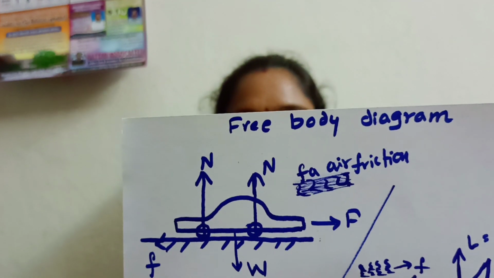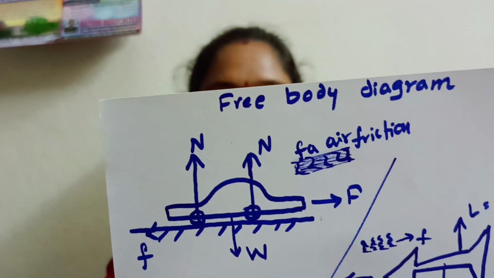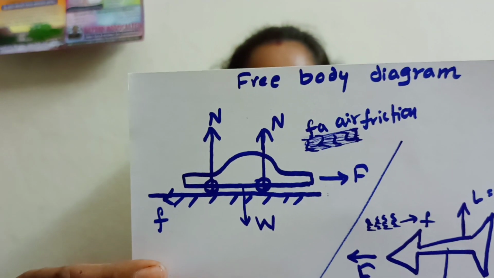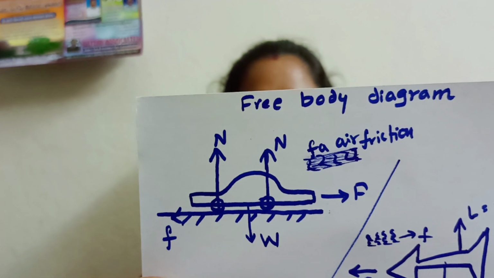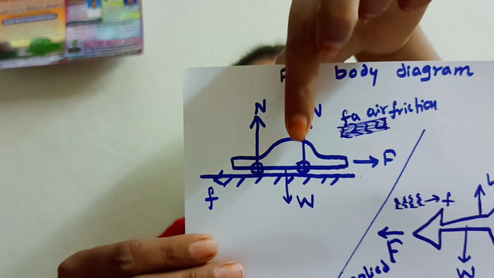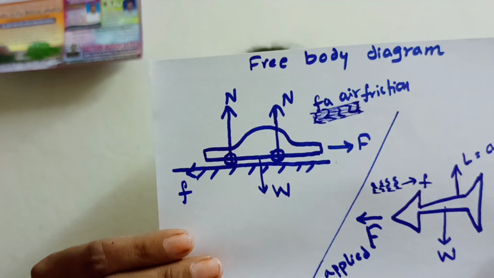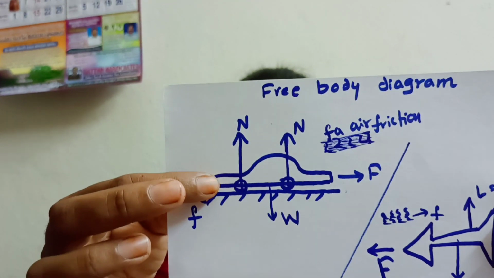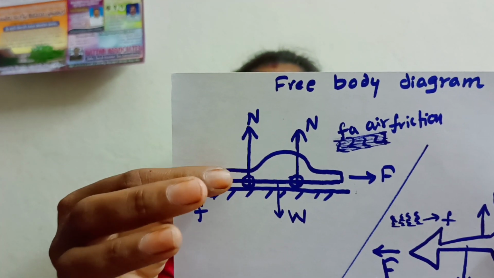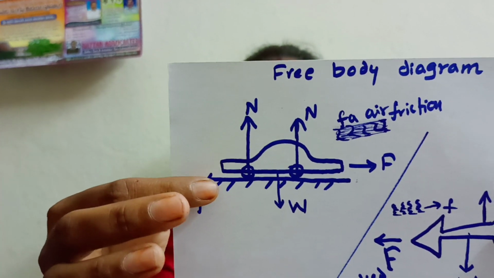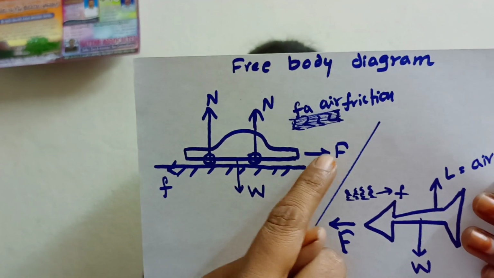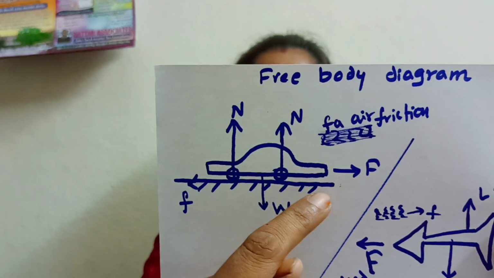What is a free body diagram? See here a car moving on a road. Here we show all the forces acting on the car. First, force F, the applied force because of the engine.